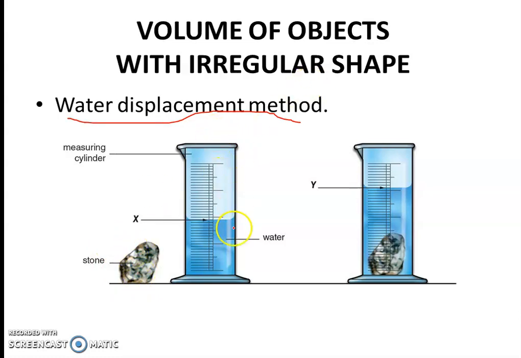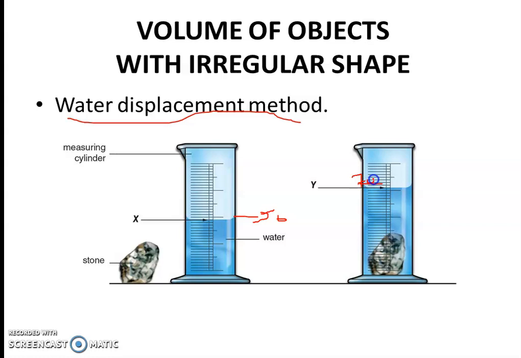The first beaker we will keep as such and measure the value, say 50. Now place the stone inside this beaker, using a thread or something. What happens? The water level gets increased by some units, say 70.